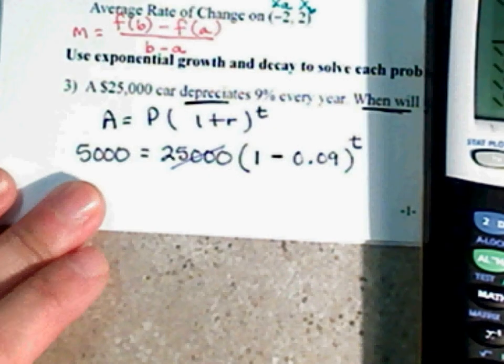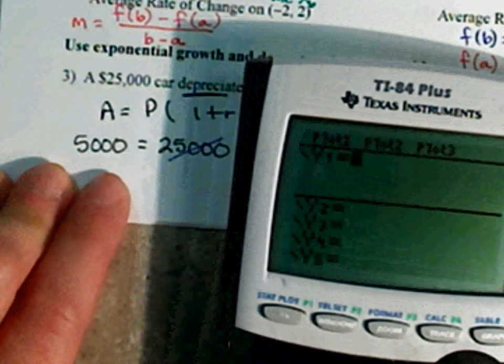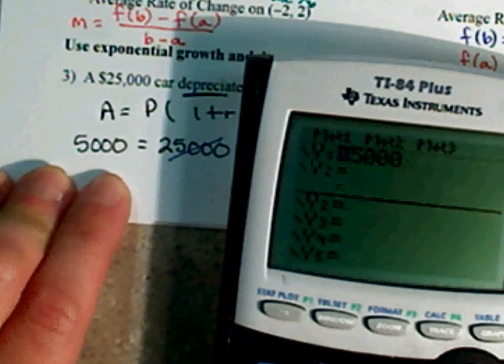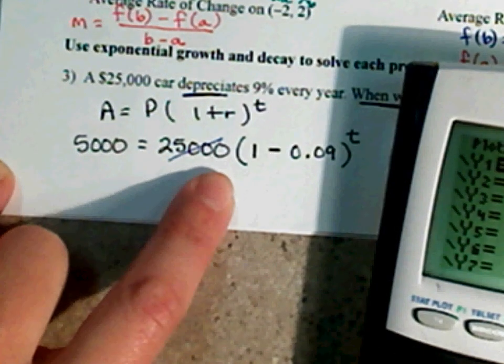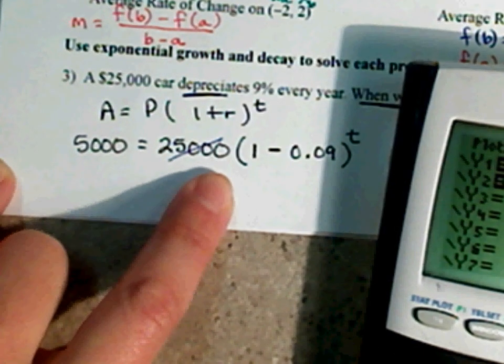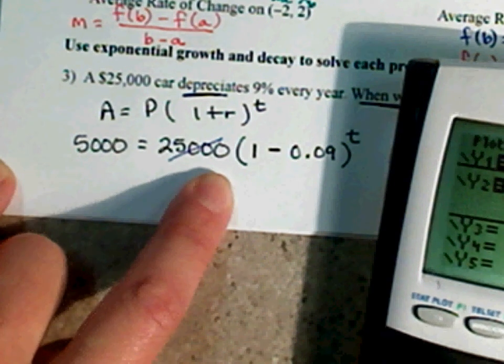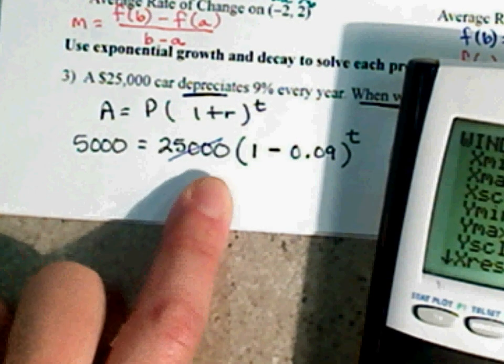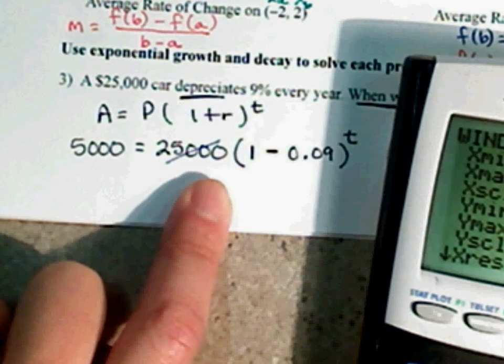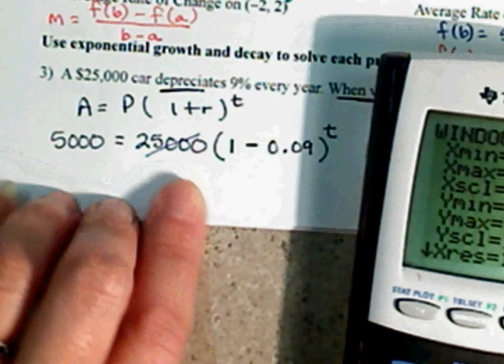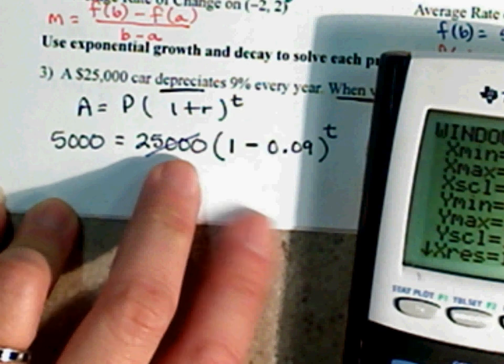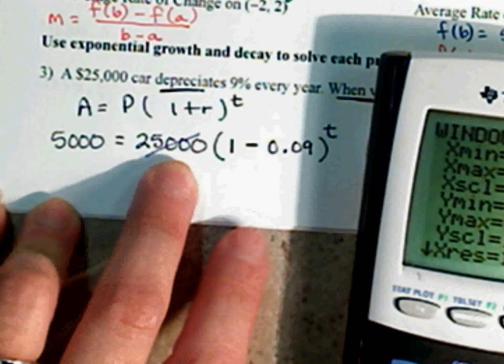Type the other equation right here: 25,000 times (1 minus 0.09) raised to the x. You have to go and change your window. Let's make this 0 to 25. Scale 5. Now, your minimum can be anything, but your maximum needs to be greater than 25,000, so maybe you put 40,000. Okay? And you hit graph.